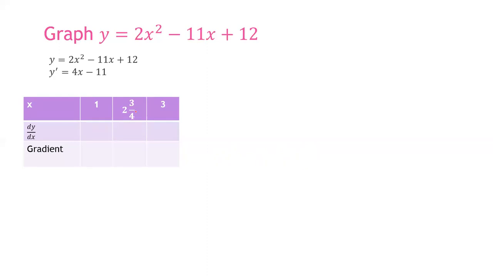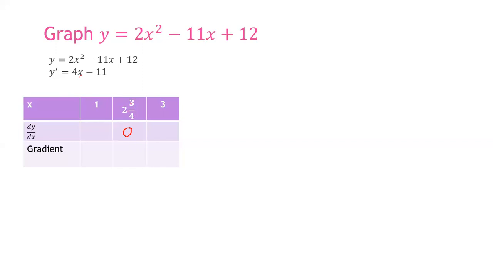In this x, dy/dx is going to be 0 here. If you substitute 11 over 4 into these equations, into this x, the first derivative will become 0.